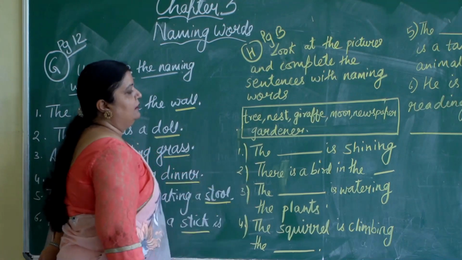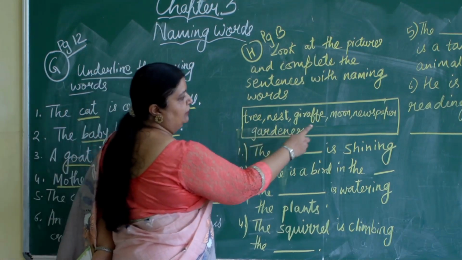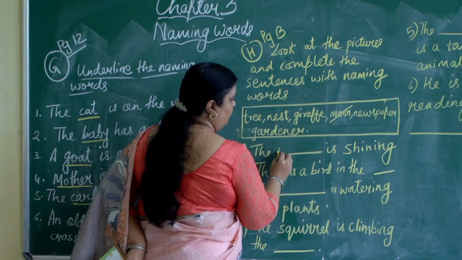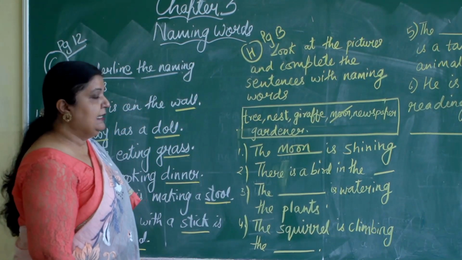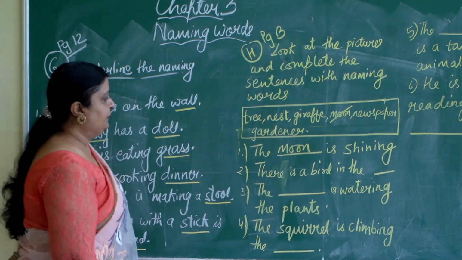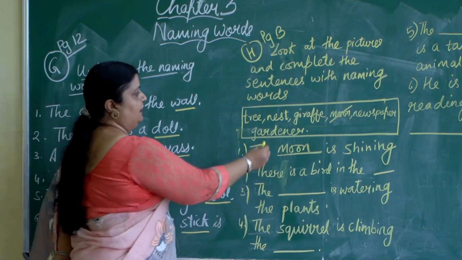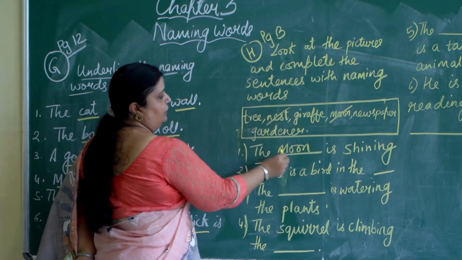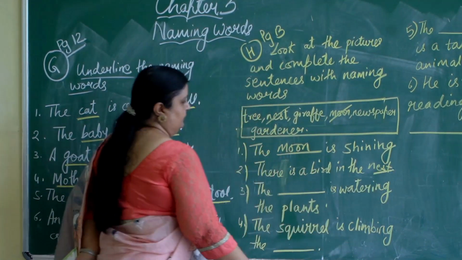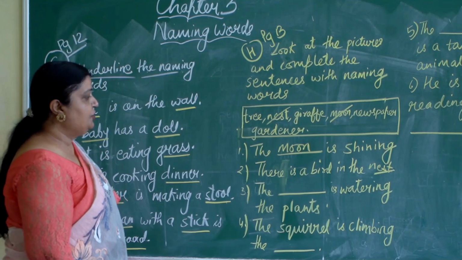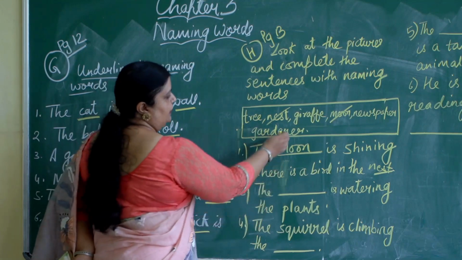Now the first, the dash is shining. There is a picture of a moon. So where is the moon? Here. You will omit moon and you will write it here. Now the second, there is a picture of a nest. There is a bird in the nest. Here is nest, N-E-S-T. You will omit it and write N-E-S-T. Then the third, the dash is watering the plants. There is a picture of a gardener.